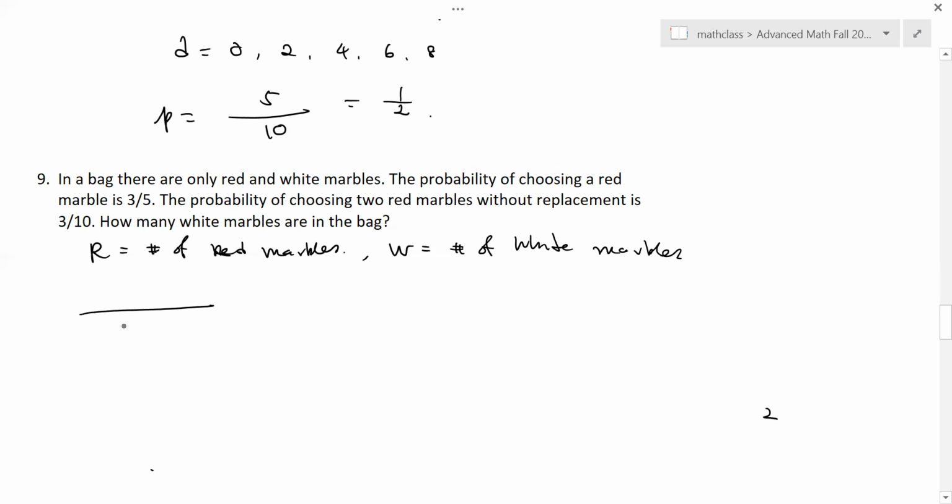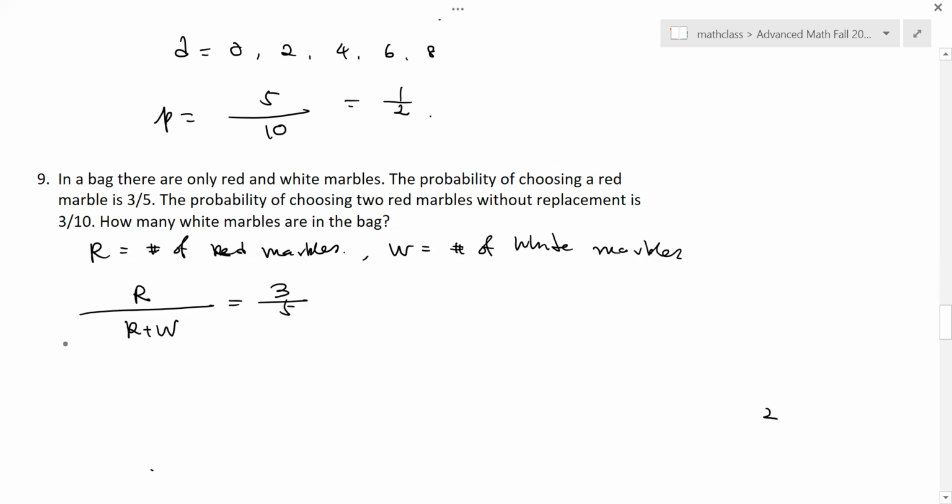R plus W. So this is the denominator. You have R plus W choices. But for the numerator, you can only select a red marble. So there are R red marbles. That is the probability to get a red marble if you select only one marble from the bag, and that should be equal to 3/5. So that's the first equation.